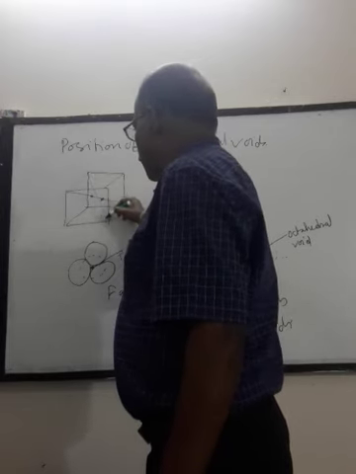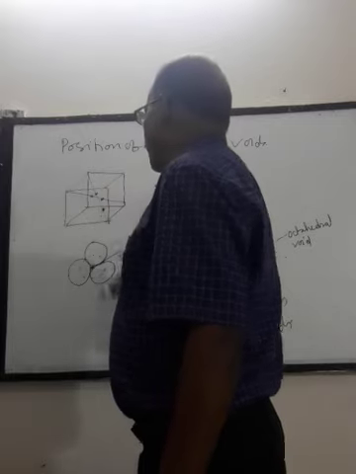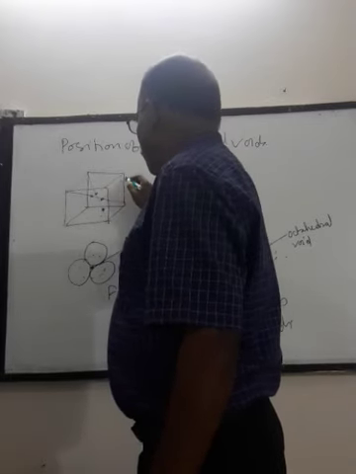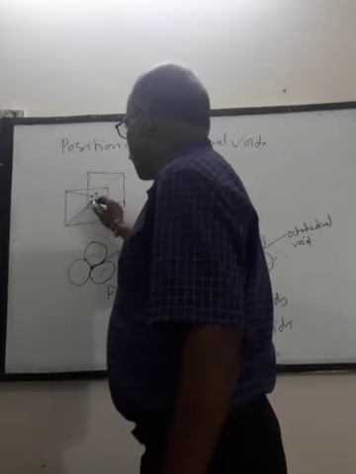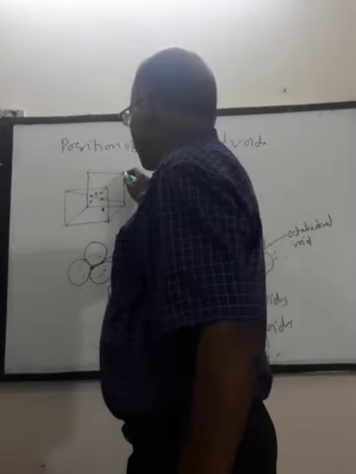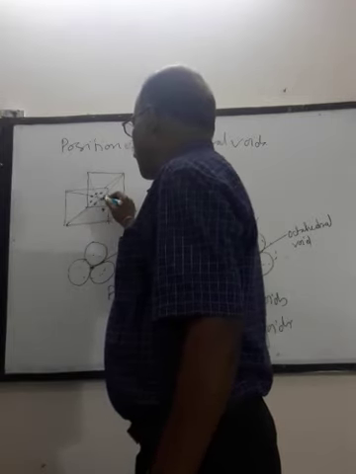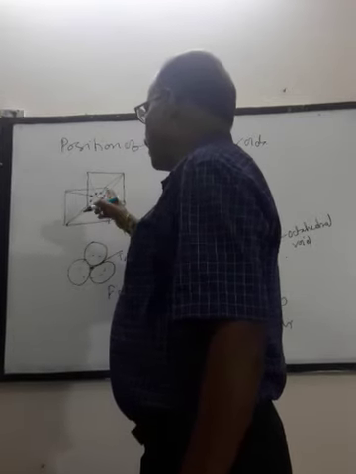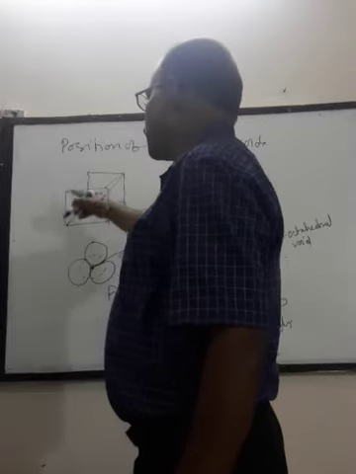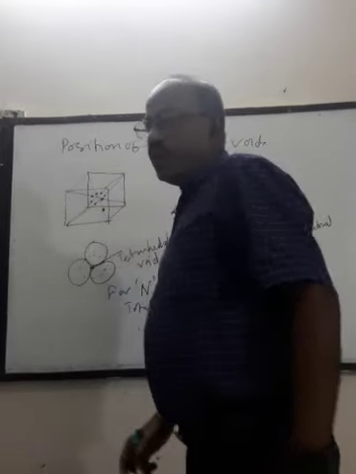This corner to this corner is another diagonal, so 2 voids. This corner to this corner is another diagonal, 2 voids, and this corner to this corner. So altogether, 4 diagonals give a total number of voids equal to 8.